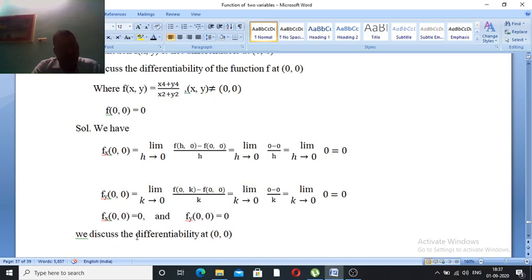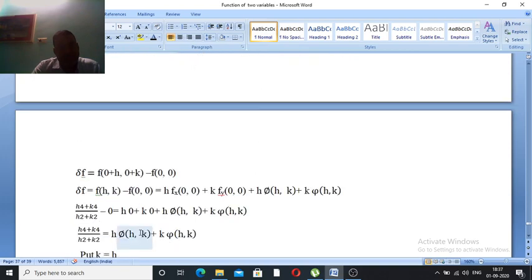We discuss the differentiability at origin. Delta f is equal to f(0+h, 0+k) minus f(0,0), which equals h f_x(0,0) plus k f_y(0,0) plus h phi(h,k) plus k psi(h,k).